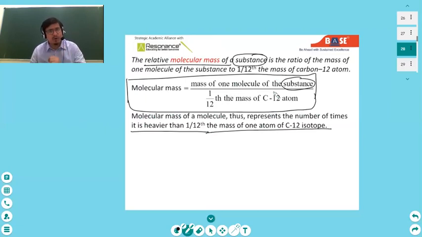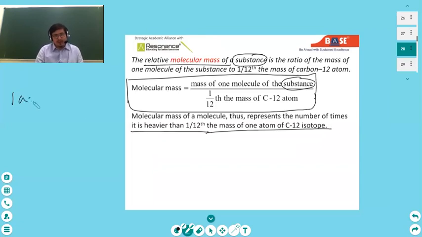...mass of one molecule of the substance by 1/12 of the mass of carbon-12 atom. Later, with the help of a mass spectrometer, we got to know that the mass of one atom of carbon-12 is 1.99 × 10^-23 grams.